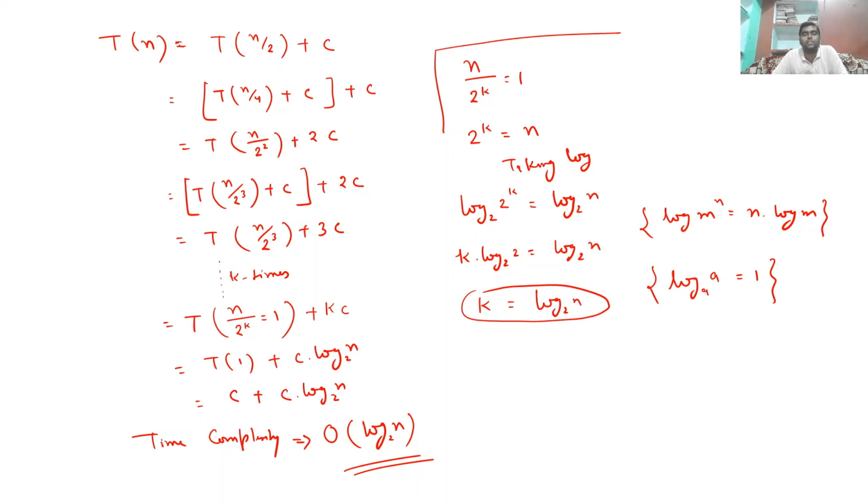Linear search is applicable whether the list is sorted or unsorted. Binary search is only applicable if the list is in sorted order. Keep this in mind. The time complexity for linear search is order of n, and for binary search it is order of log n.